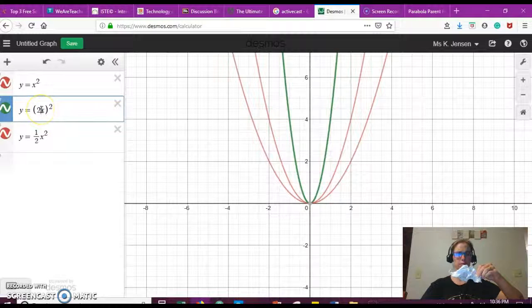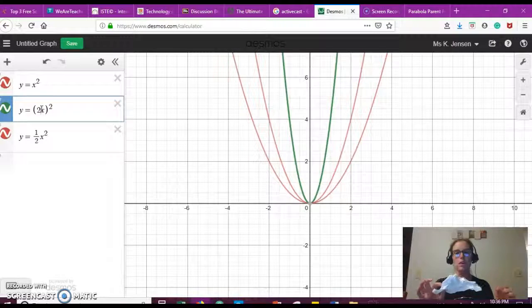When you have a number greater than 1, that's going to be your horizontal compression because you're smushing it in from the horizontal sides, and so it gets taller. And when we have the fraction, then it gets stretched out. I know that can be a little confusing. Fraction is the stretch on the horizontal. The whole number, the number greater than 1, is the compression. It's the opposite of what we think.